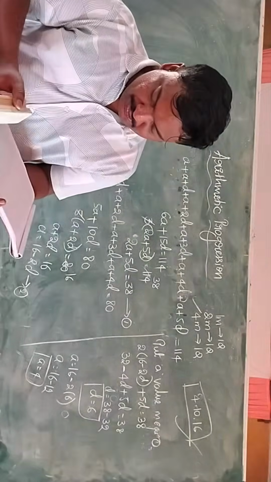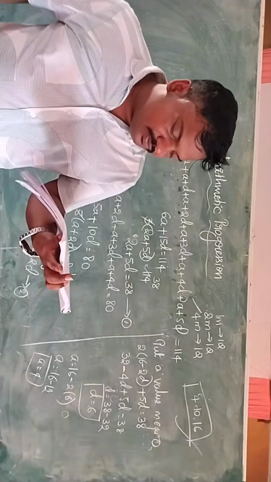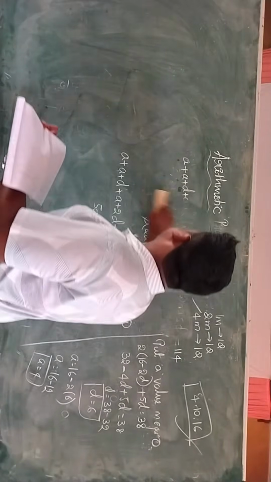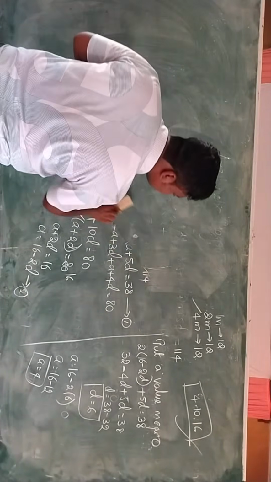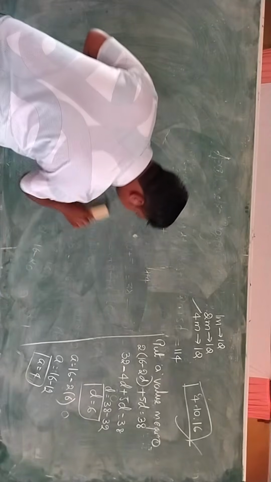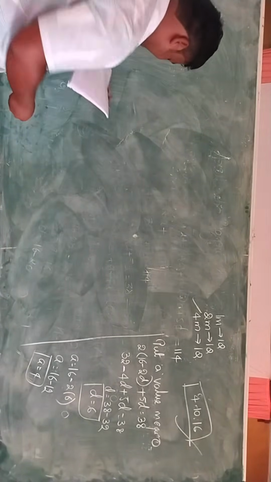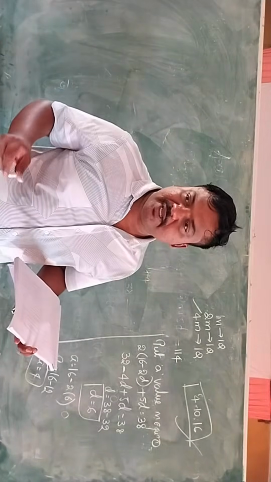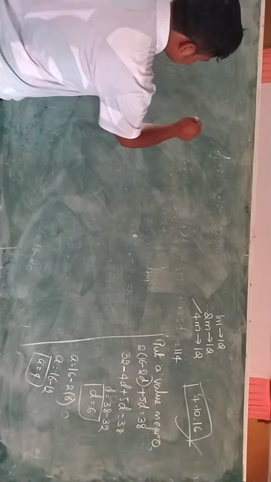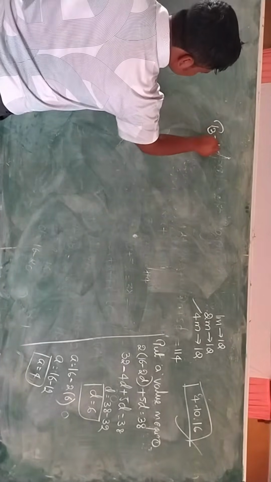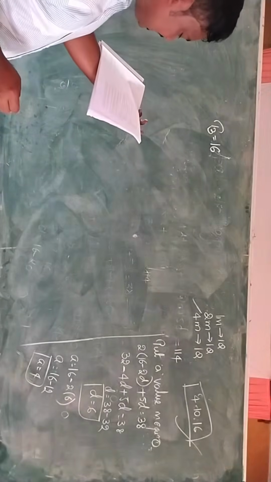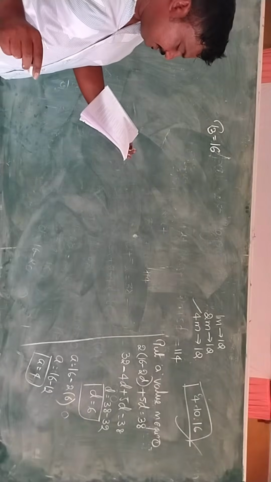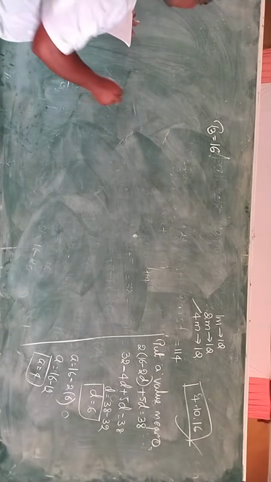Next, one more question you can note down. Find the arithmetic progression whose third term is 16 and the seventh term exceeds the fifth term by 12.